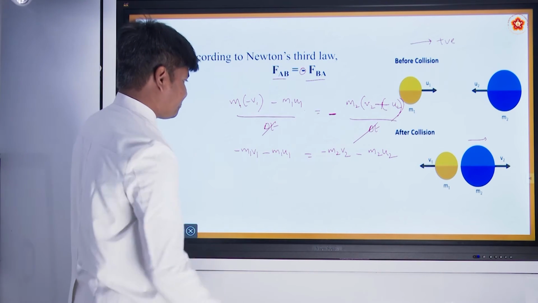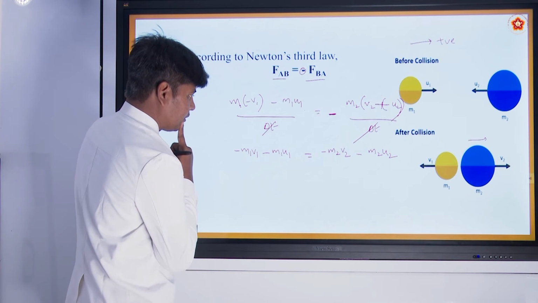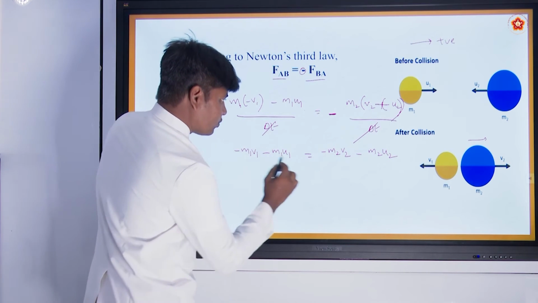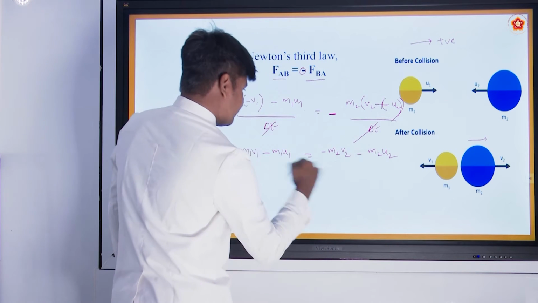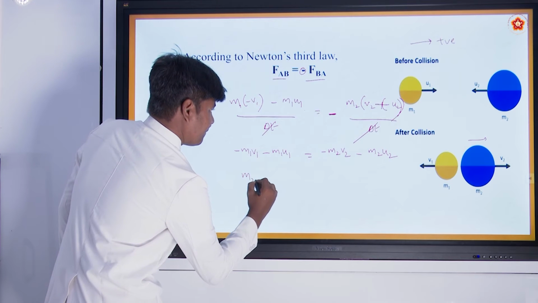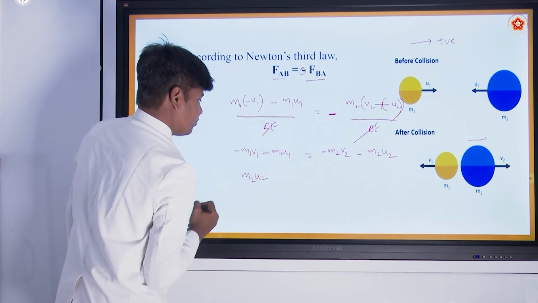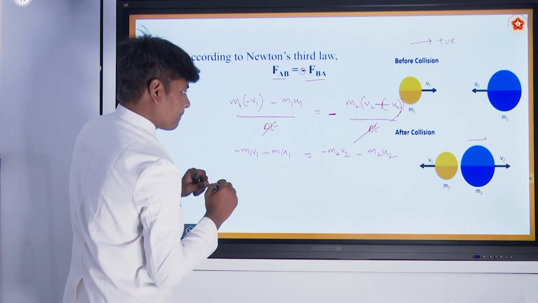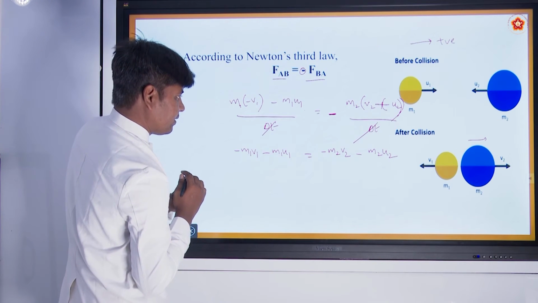So what can we do? This is m1 v1, right? So take m2 u2 this side. So it becomes m2 u2, or otherwise you can do it like this.